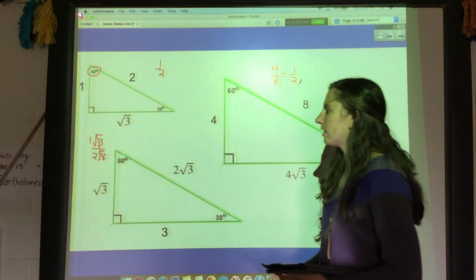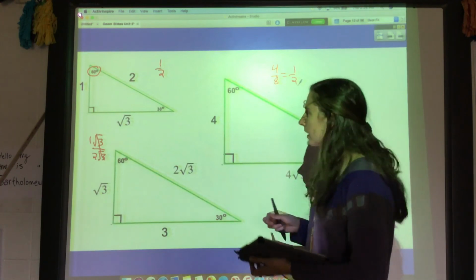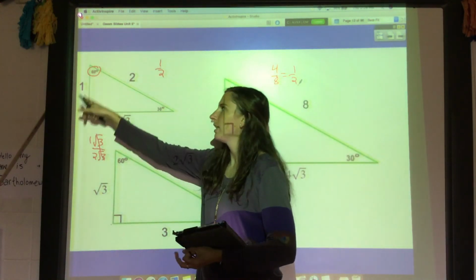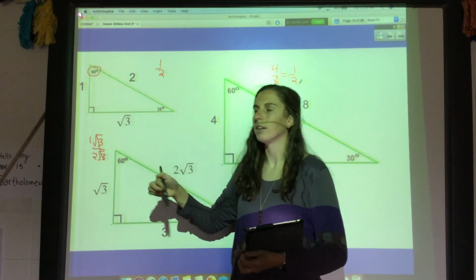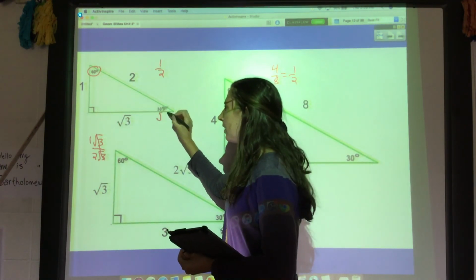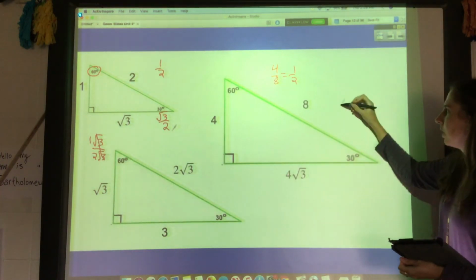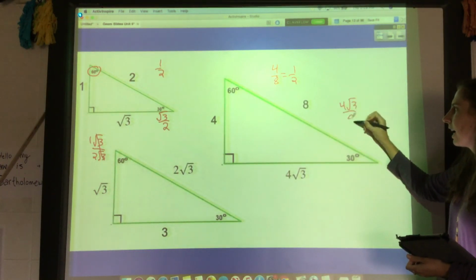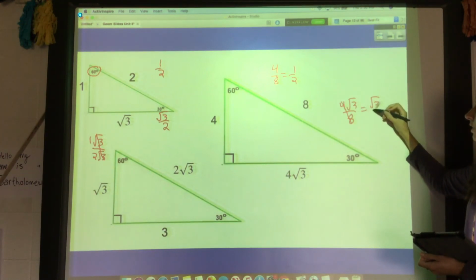Let's look at another one. What about instead of adjacent over the hypotenuse, what if we compare the opposite side over the hypotenuse? On this one, that would be square root of 3 over 2. On this one, it'd be 4 square root of 3 over 8, which simplifies to square root of 3 over 2.